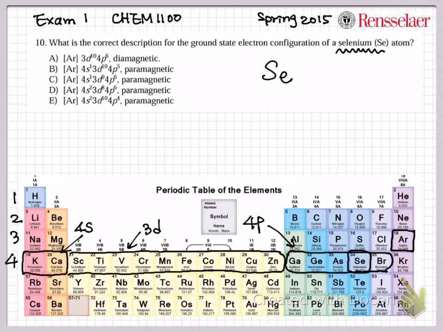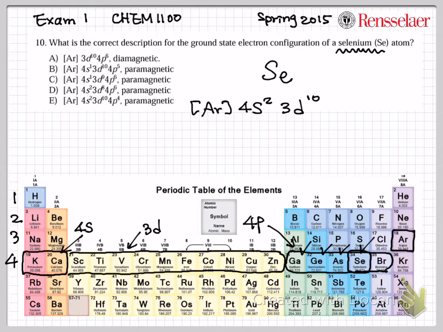So therefore, I can write the electron configuration for selenium starting from argon, and then there are 4s, with 2 electrons, and 3d, there are 10 of them, and up here you have 1, 2, 3, 4.